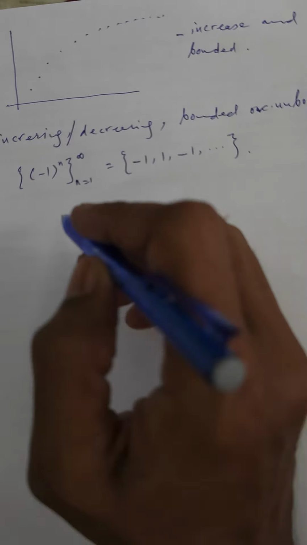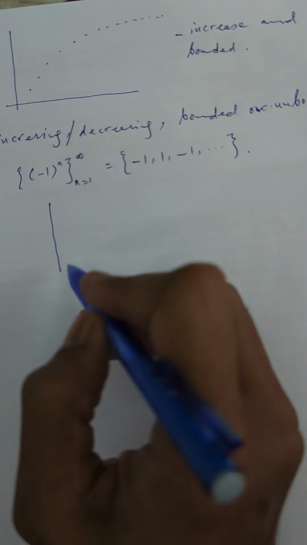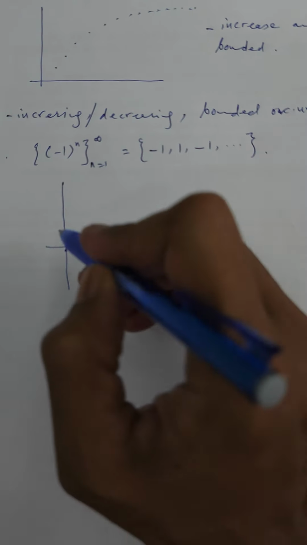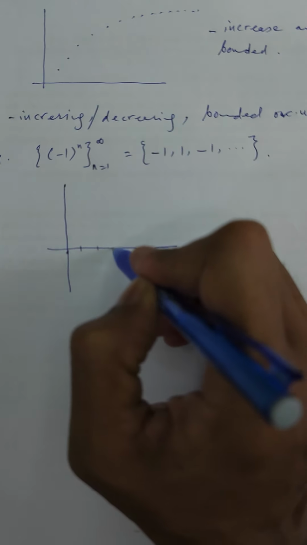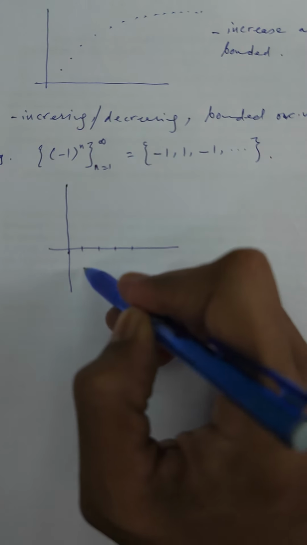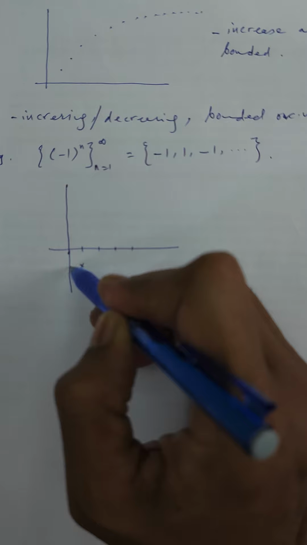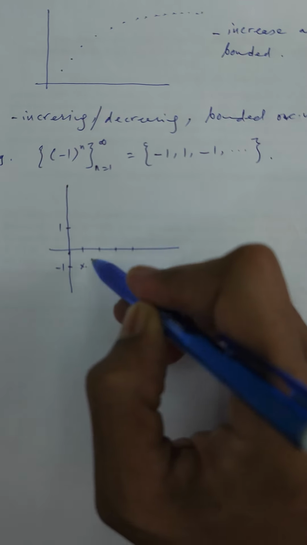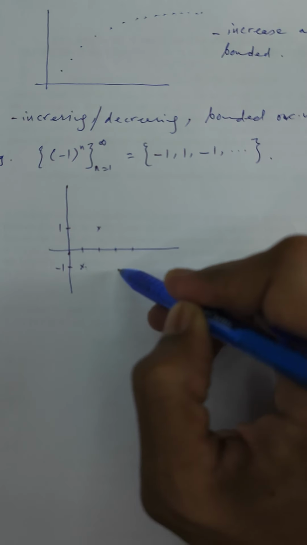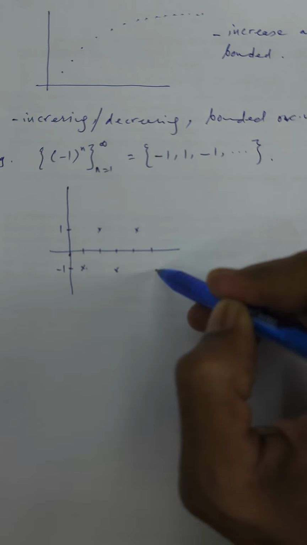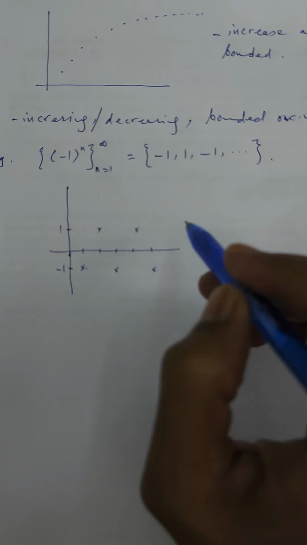If you plot that, we have 1, 2, 3, 4, 5, and so on. For 1, we have negative 1. Let's say negative 1 is here, and 1 is here. So negative 1, 1, negative 1, 1, next negative 1, and so on.